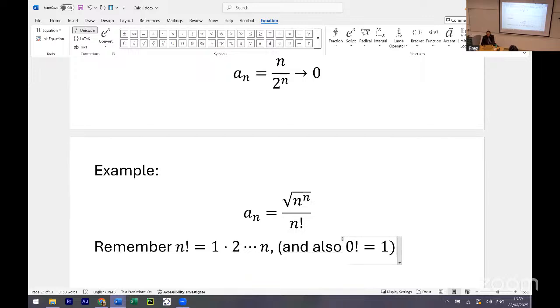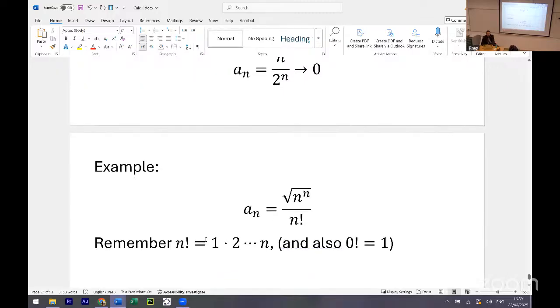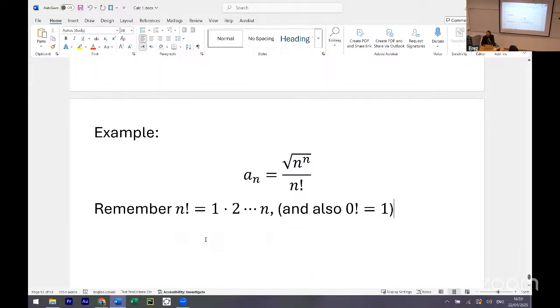Maybe you learned this in discrete math. You learn combinatorics in discrete math. So 0 factorial is 1 because the number of ways to order 0 elements is 1. It's also the number of functions from the empty set to the empty set. It doesn't really matter here, but I don't like when people think the definition of factorial is this, since it makes no sense for 0.